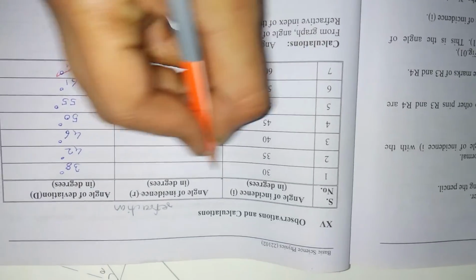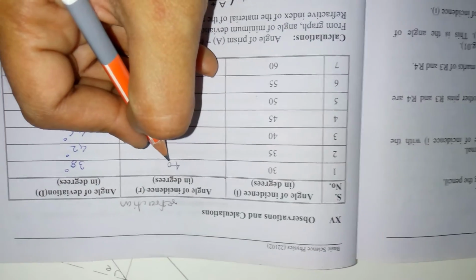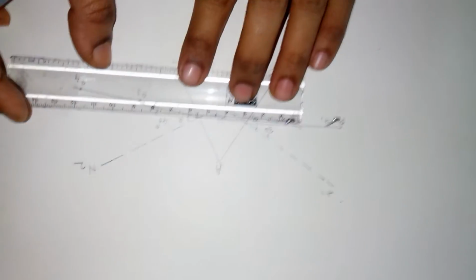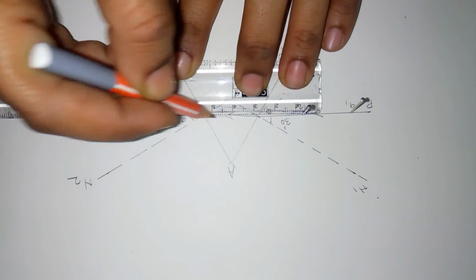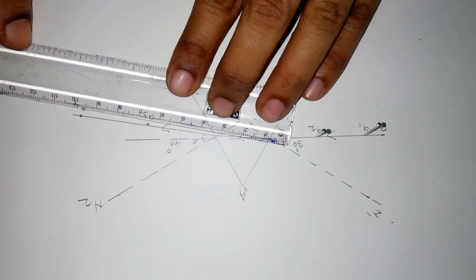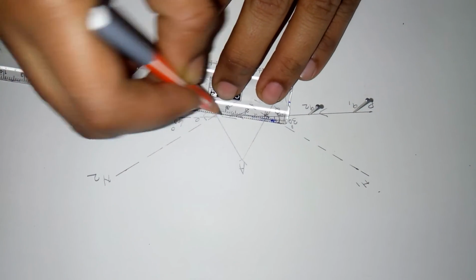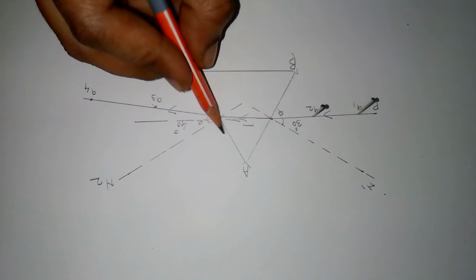For the first, we observe that for 30 degree angle of incidence, angle of refraction is 40 degree, and when we join that, this is the actual path, and this is the angle of emergence.